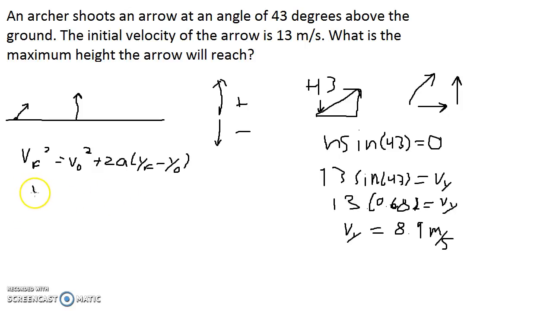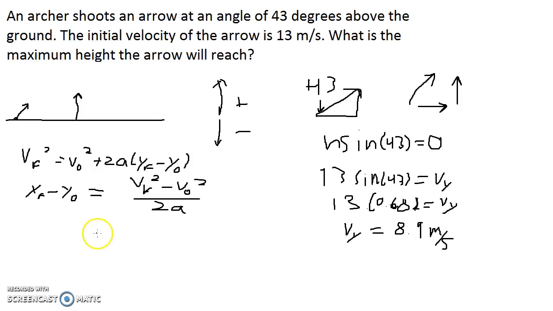So y final minus y initial is equal to final squared minus initial squared over 2 times the acceleration. Again, note this could be exchanged with any single variable. We could use delta y, or just h if you prefer, but this helps keep everything straight for me.